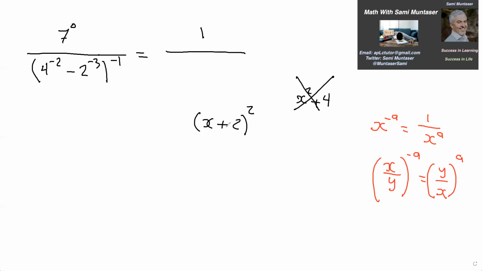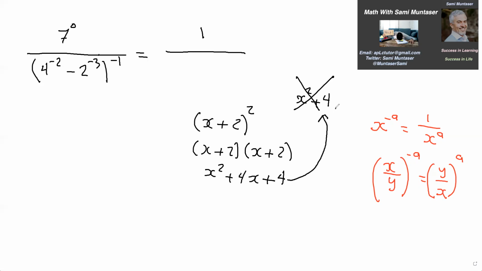X plus 2 squared means it's x plus 2 times x plus 2. So square means the thing multiplied by itself. And if you FOIL this, you end up with x squared plus 4x plus 4, which is the right answer. Definitely, it's not this one. That one would be wrong. So this is your right answer for that. So that's why you cannot just distribute the exponent when you have a minus sign right here.